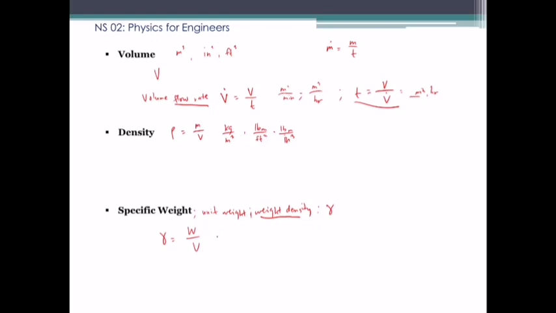We can also obtain weight by mass times gravitational acceleration, over the volume. And this quantity, mass over the volume, is density. That is why we have the relation for gamma that is equal to rho g.